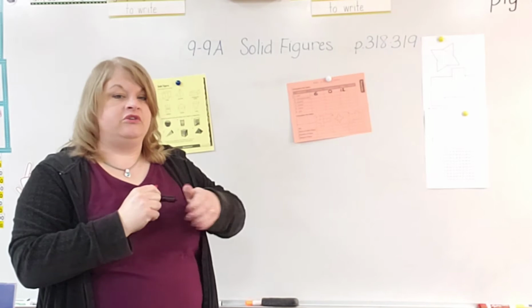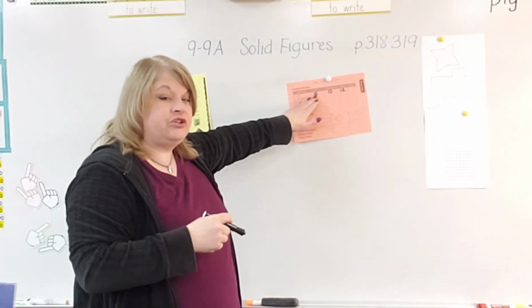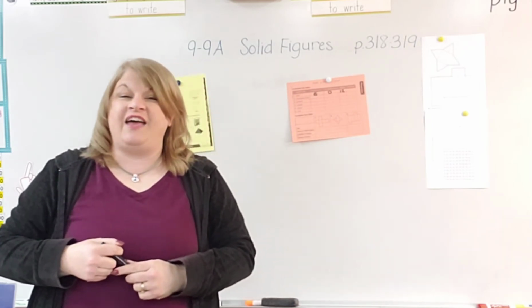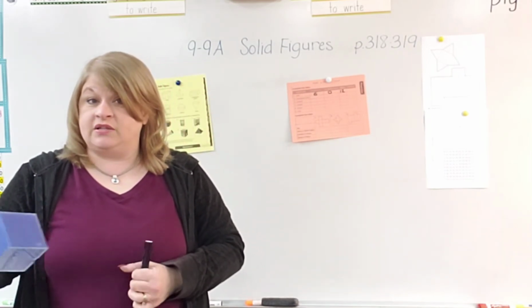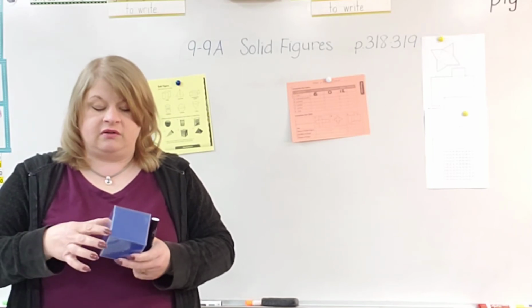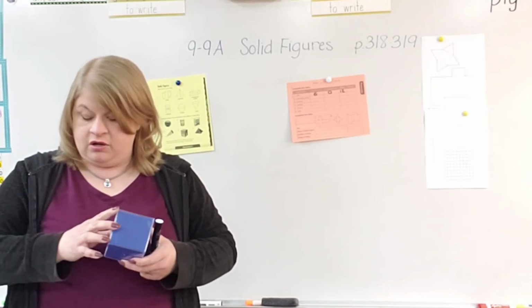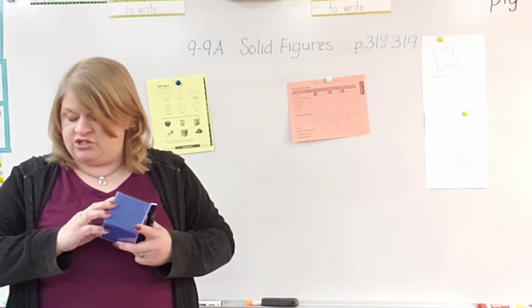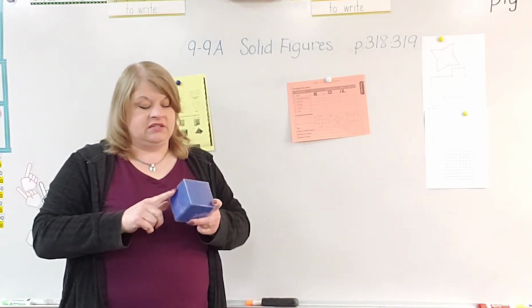All right. So far we have 6 flat surfaces, 0 curved surfaces, 12 edges. The last thing it wants to know are how many vertices. Do you remember that a vertex is where 2 or more edges come together? On here, a vertex is where 3 or more edges meet on a solid figure.